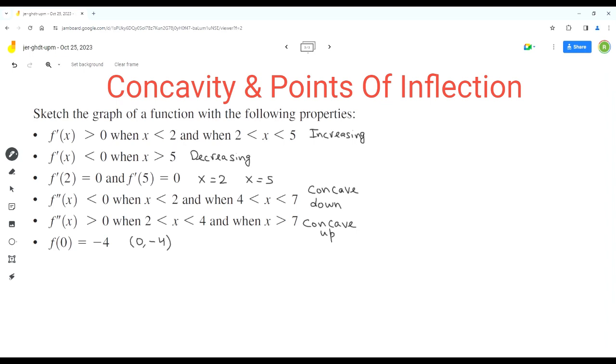Now before we sketch the function, we should summarize these properties on a number line over the intervals that are given, so that will help us understand how we need to sketch the function over the given intervals. So let's start with the number line.